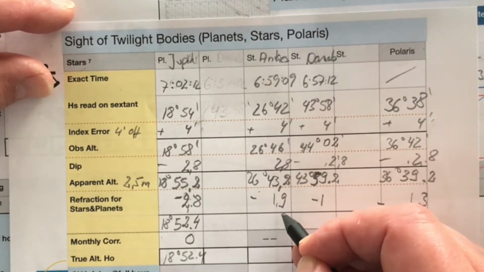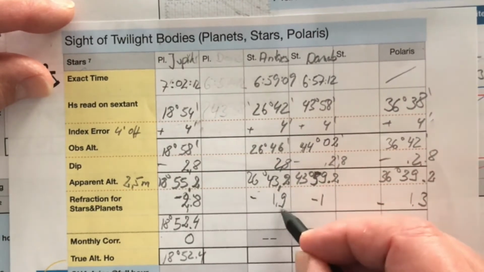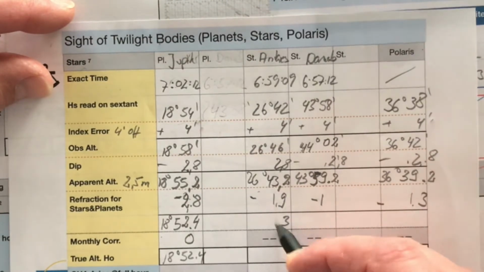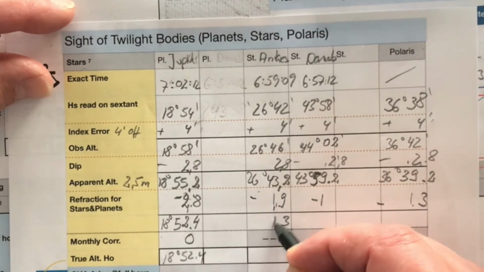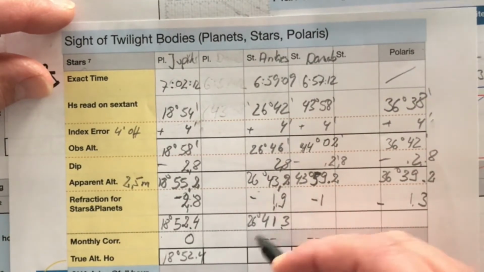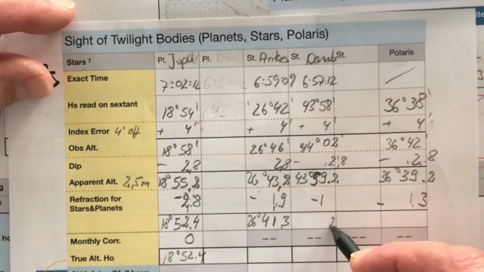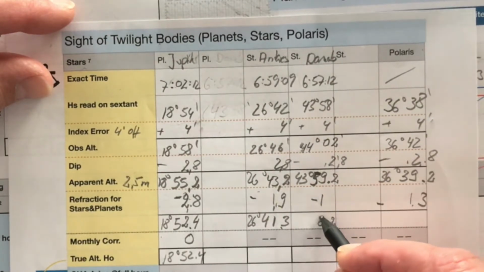So if you shoot anything under 10 degrees altitude, you should refrain from that. So let's do this math here. That's 26 degrees, 41.3. Here we deduct 1. Lucky me, very easy to do.